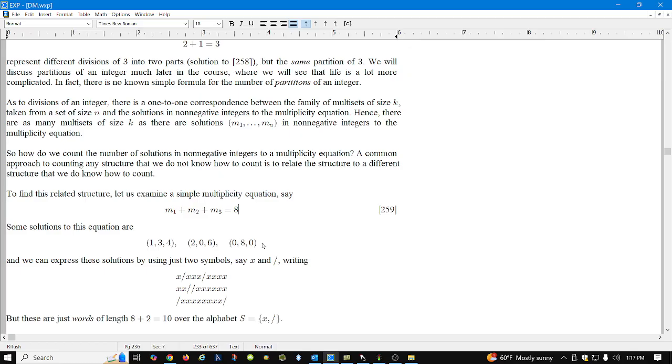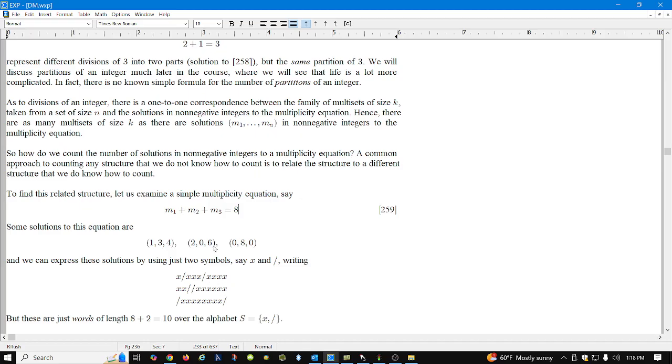How can we express these solutions in a different way that might help us count the number of solutions? Well, there is actually quite a simple way. We can do it with 2 symbols. And I'll choose x and a slash. 134 could be written x slash xxx slash 4 x's.